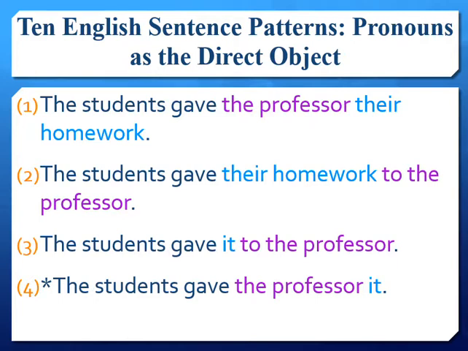Once we say the pronoun it for the noun phrase, their homework, the pronoun it must follow directly after the verb, such as gave from sentence 3. If we were to try shifting the direct object it after the indirect object, the professor, the sentence will become ungrammatical because direct objects in the form of a pronoun must follow the verb and precede the indirect object.